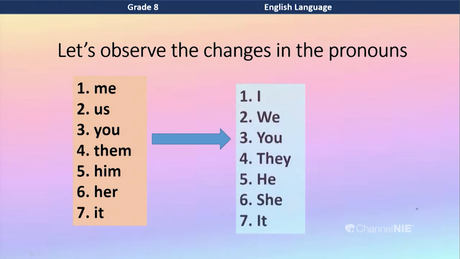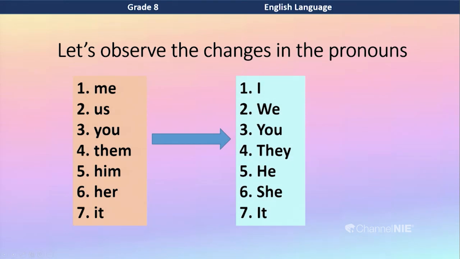Okay, so the subject pronouns are like this. Me becomes I, us becomes we, you becomes you, the same, them becomes they, him becomes he, her becomes she, and it becomes it. It looks the same, right? But it's different.